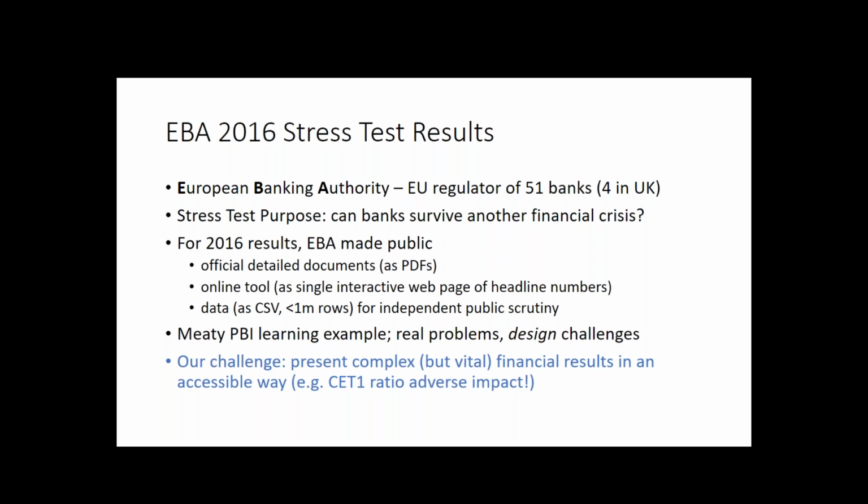Now, they've got very clear definitions of that, they're not as hand-waving as I suggested. The banks have to do this calculated scenario, and then at the end of it, the EBA collates the numbers from all 51 banks and presents them.